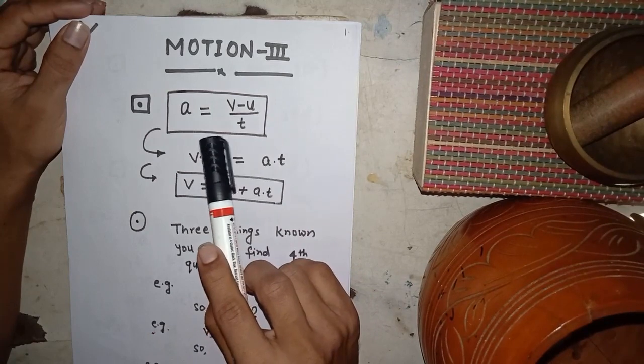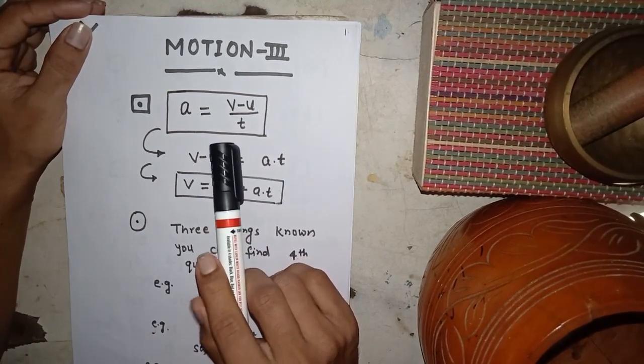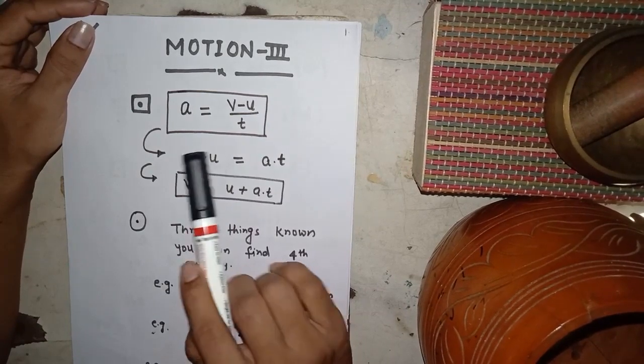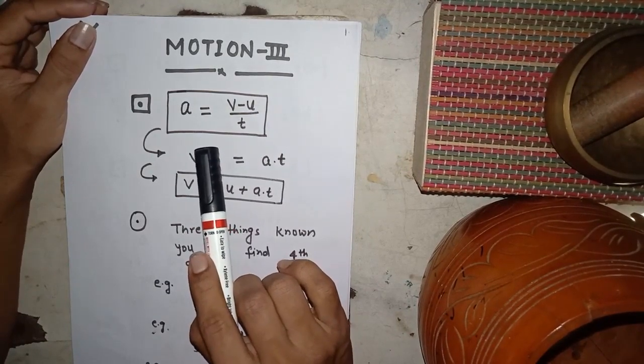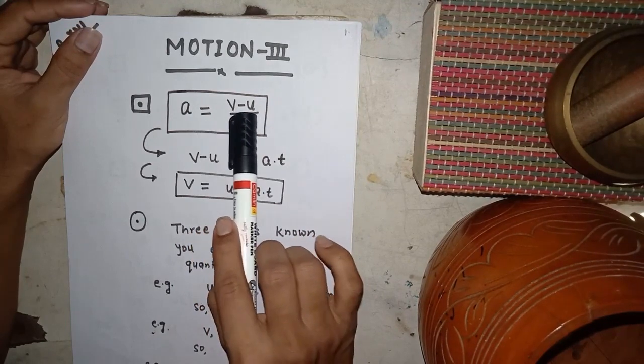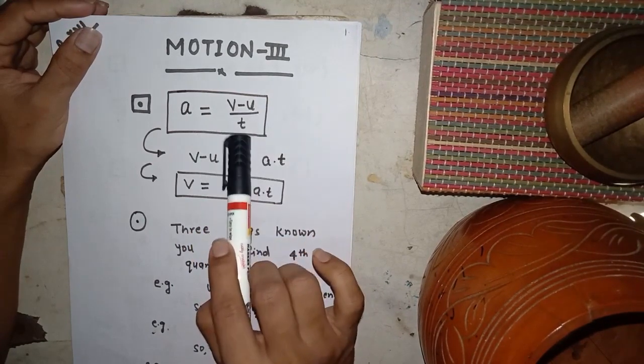You already know the idea of acceleration, which can be written mathematically as a is equal to v minus u upon t.